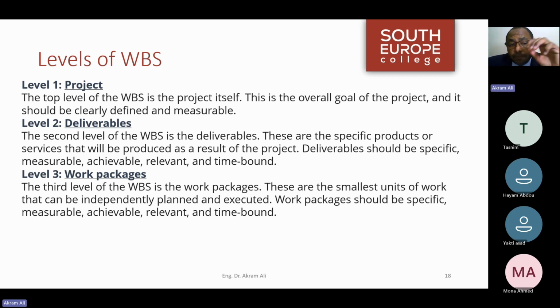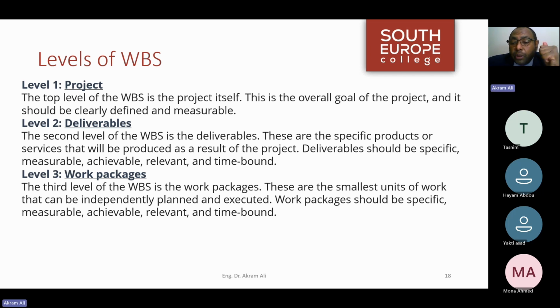It will not happen. So what I need to perform here in level 2 is what we call product breakdown structure. So I will take cafeteria 1 and divide it into products.